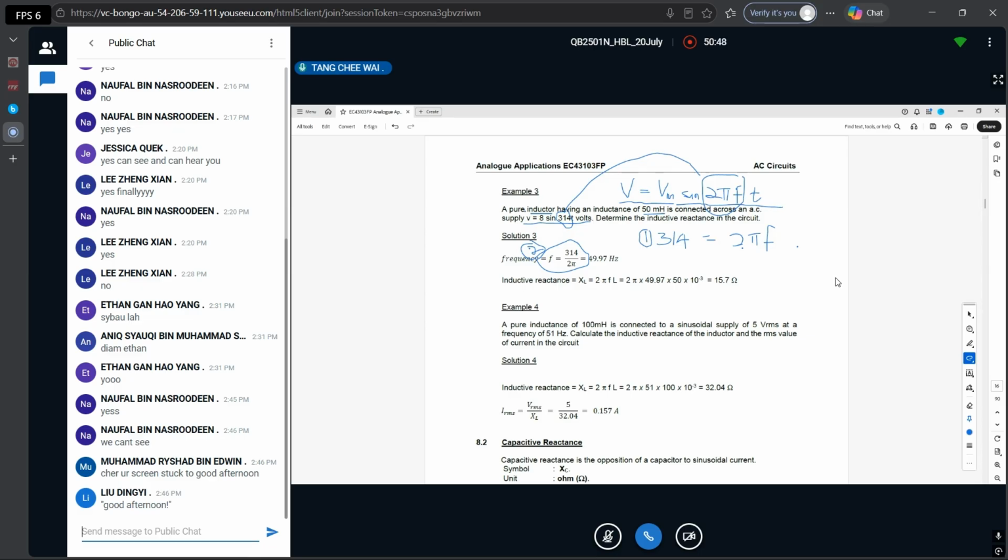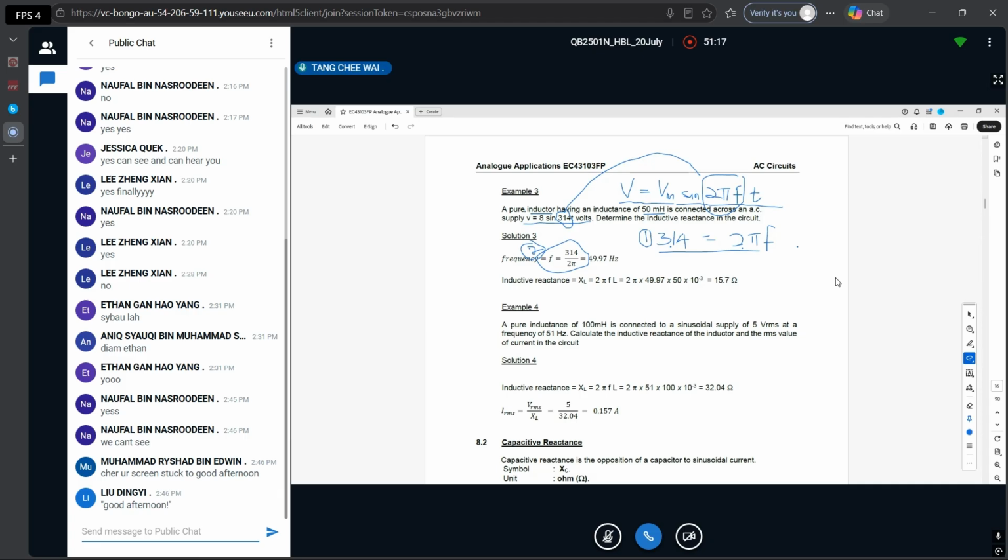It comes from here originally. 314, you relate to the general formula, which is actually 2 pi f. So 2 pi f is here, 314 is here, they are both equal. And from here, we go and find the frequency: 314 divided by 2 pi. Are you okay? All right.